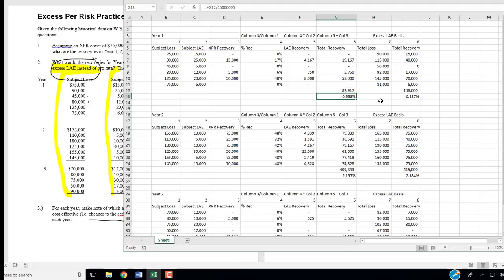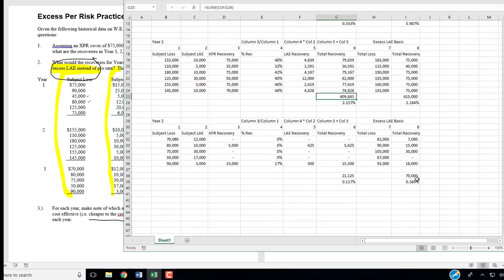So in every case, in the practice problem here, the reinsurer pays more when you have losses on an excess LAE basis, because 148,000 is greater than 82,917, 415 is slightly bigger than 409,843, and 70,000 is of course bigger than 21,125.